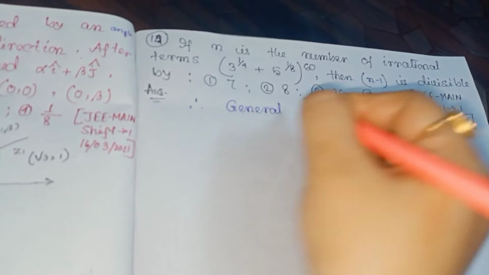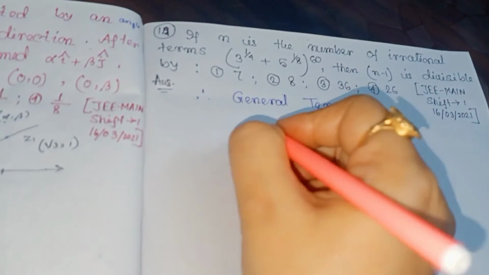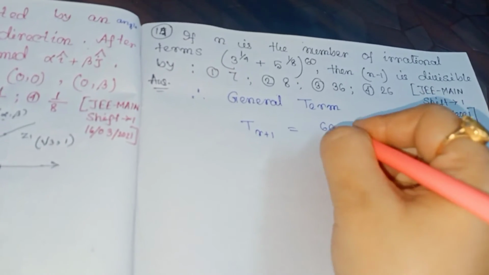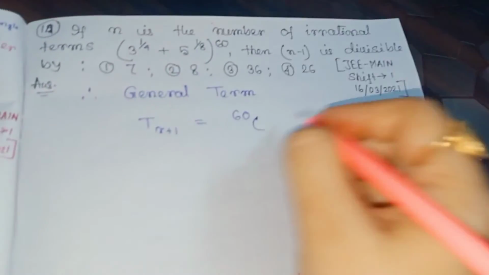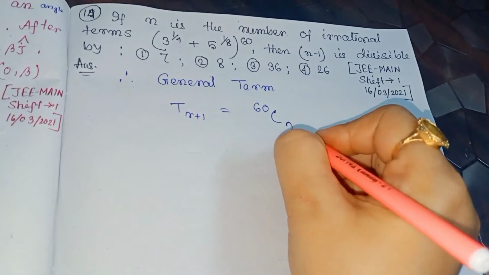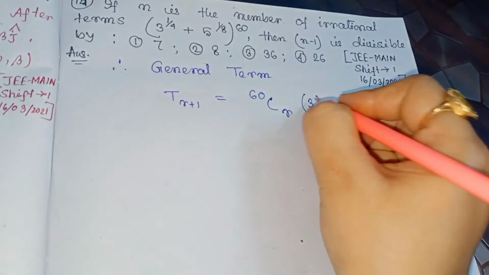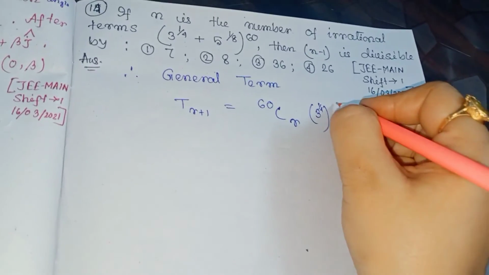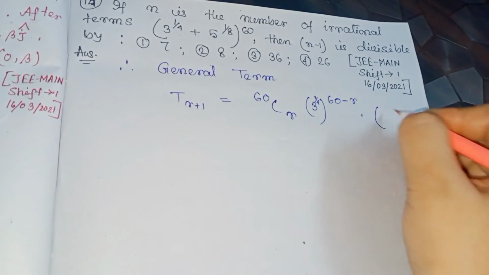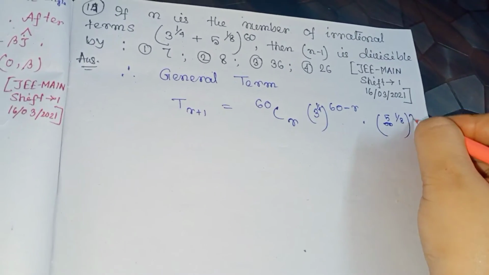So the general term T r plus 1 is equal to 60 C r into 3 to the power 1 by 4 whole to the power 60 minus r, into 5 to the power 1 by 8 whole to the power r.